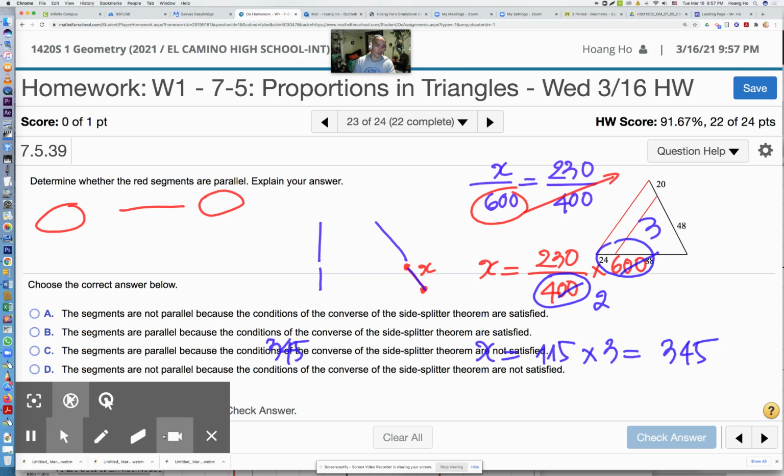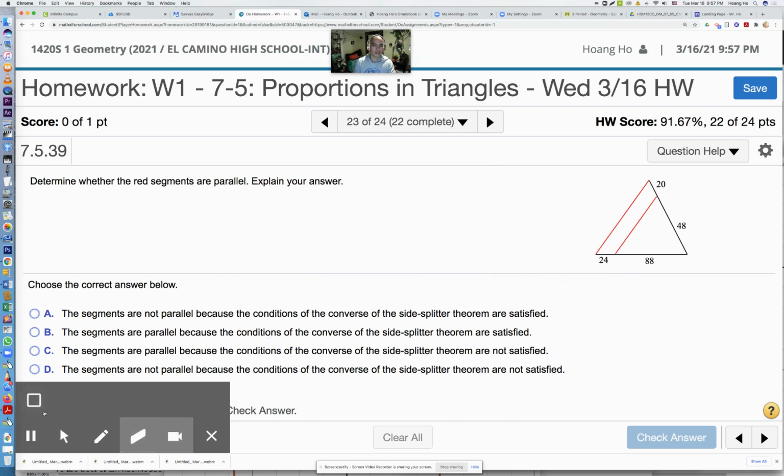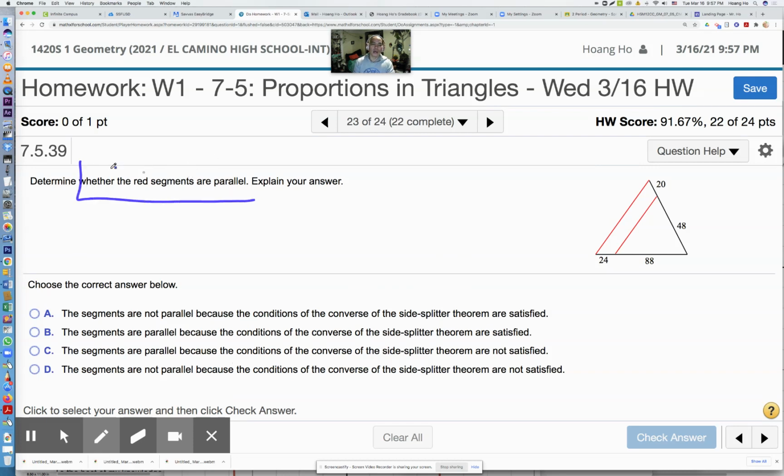All right, two more questions and then we're done. Similarly over here, you have two lines. We're not sure if they are parallel, whether the red segments are parallel. So they give you these numbers. If you set up these numbers and they are proportional, then the two red lines are parallel.